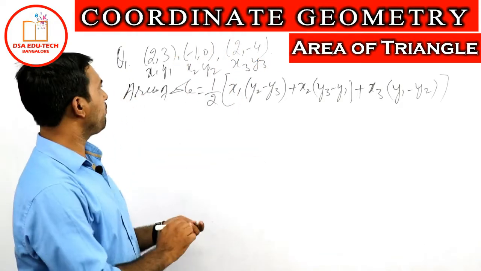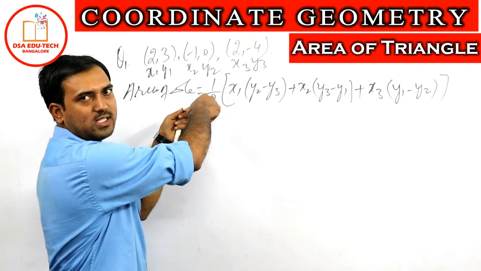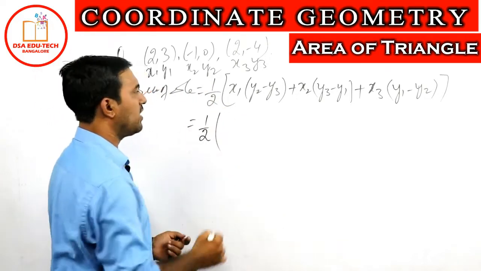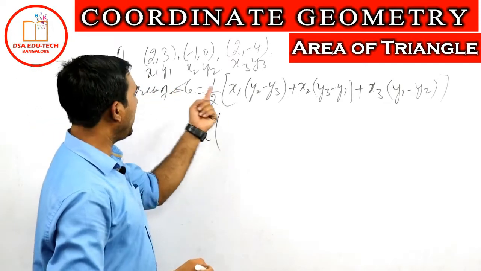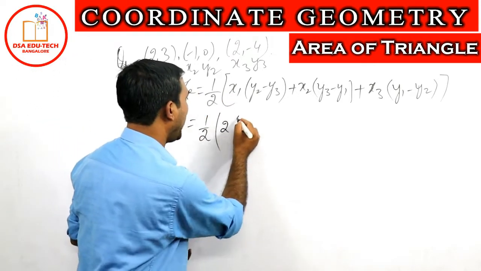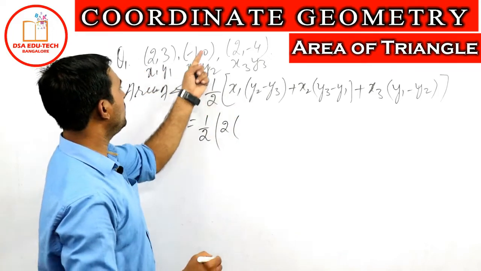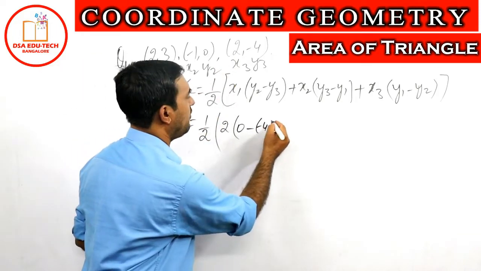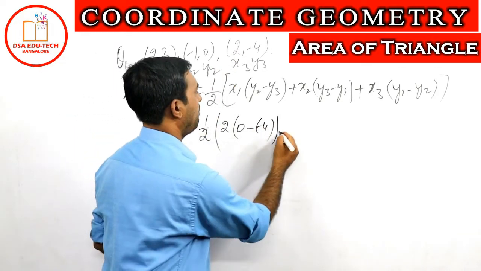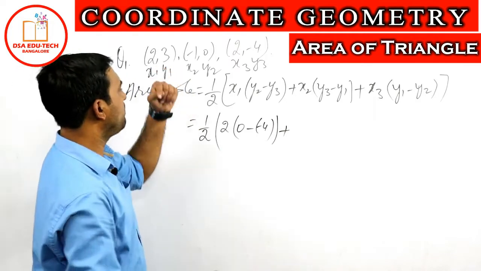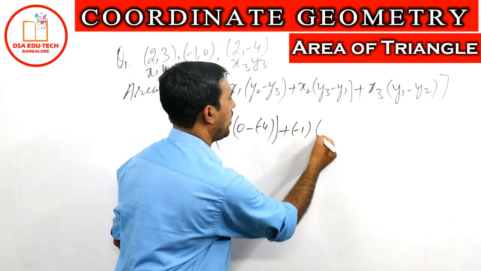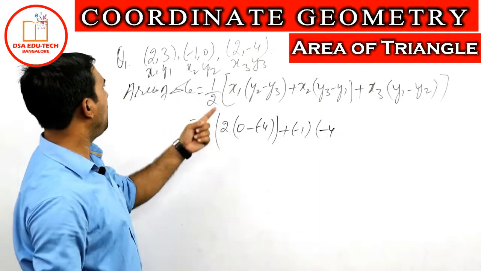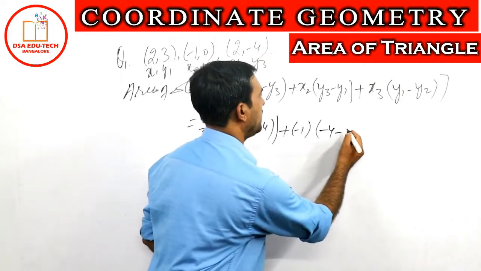Now what we have to do, these values we have to replace in the formula to find the area of the triangle. So let us solve it. 1 by 2 is a constant number, it will remain as it is. x1 is 2, into y2, what is my y2? 0, minus y3 which is minus 4, so it becomes minus of minus 4. Plus, what is my x2? x2 is minus 1, so I write in bracket minus 1. y3 is minus 4, and my y1 is 3, so minus 3.